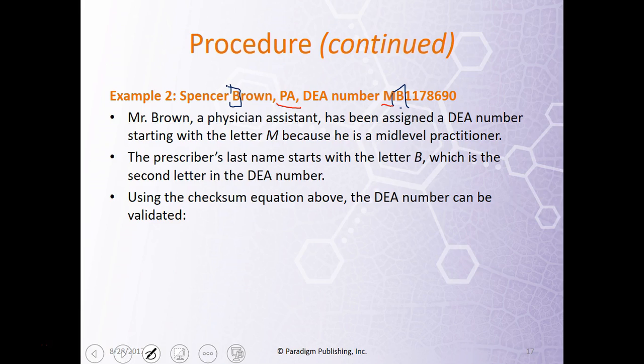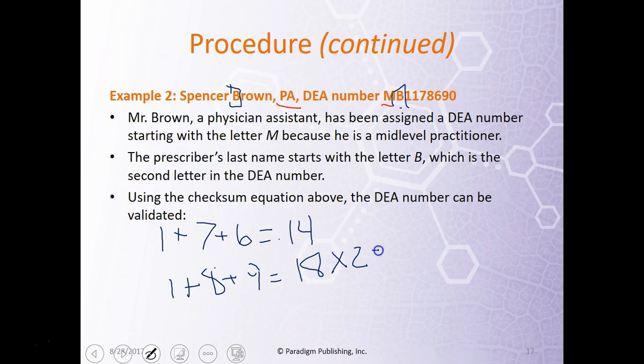So if we take the first plus the third plus the fifth, we get 14. Then we take the second, the fourth, and the sixth, and we get 18. And we have to multiply that by 2.